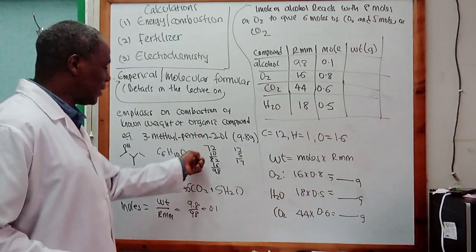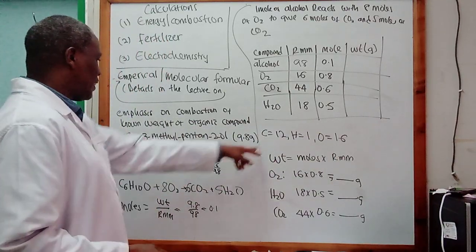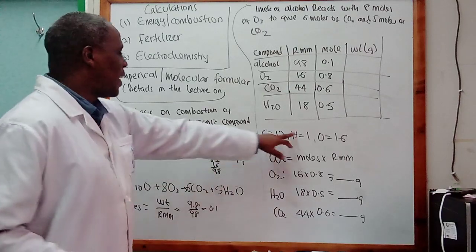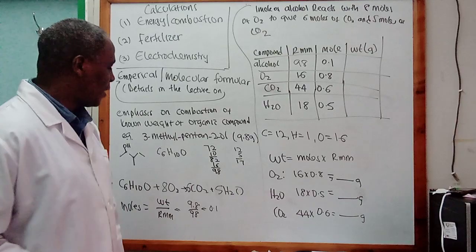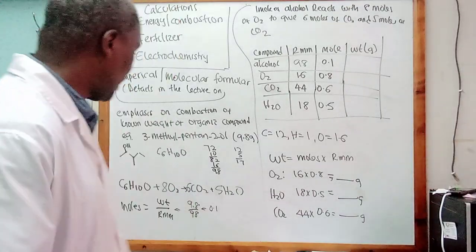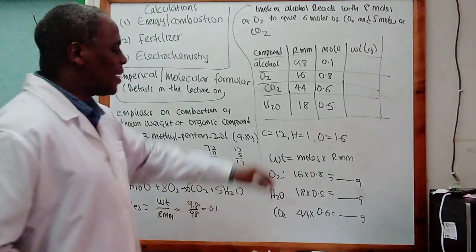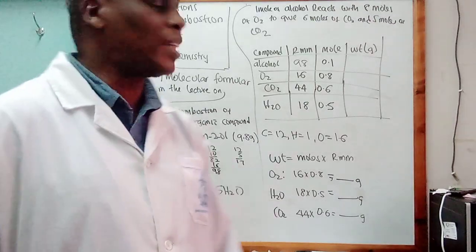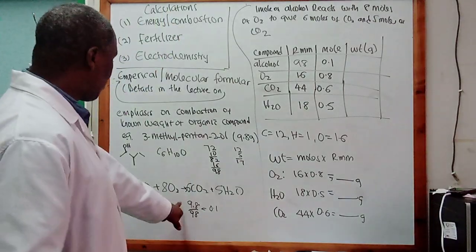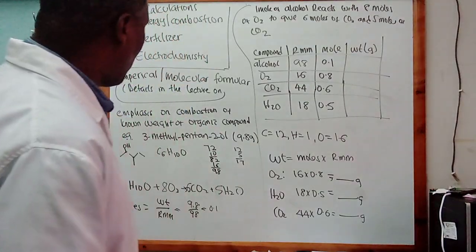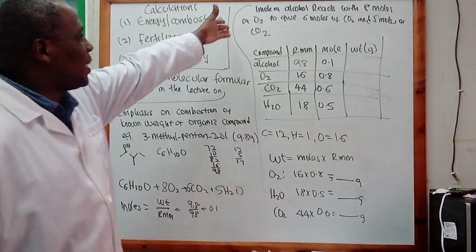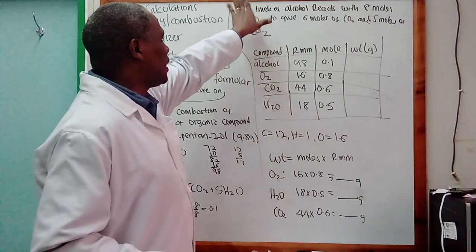I was doing these calculations to show that carbon is 72, hydrogen is 10, and oxygen 16. I come up with 98. So 9.8 divided by 98 is 0.1 moles.